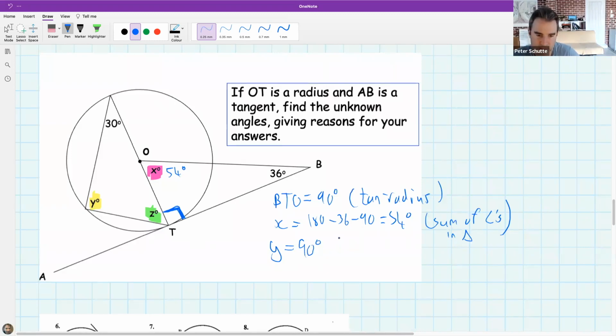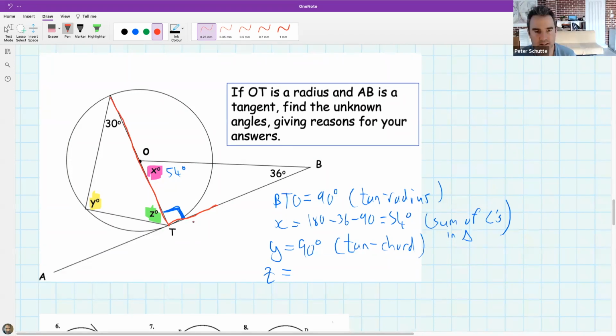I'm guessing that probably the easiest, what most of you used was the tan chord theorem, but you also could have written angle in semicircle, which is from the earlier video that we did. Both will be correct. And then the last one would be Z. So Lolo, if you look at this shape, so if you follow this tangent and then this chord, the angle between the tangent and the chord is 90 degrees.